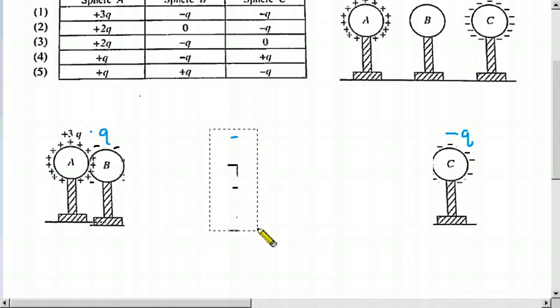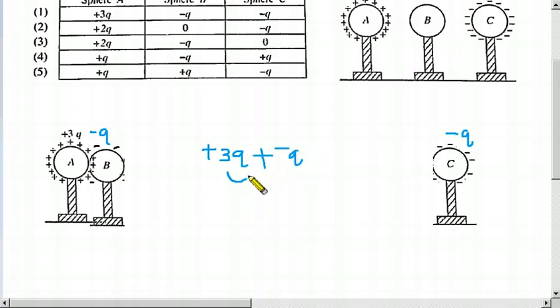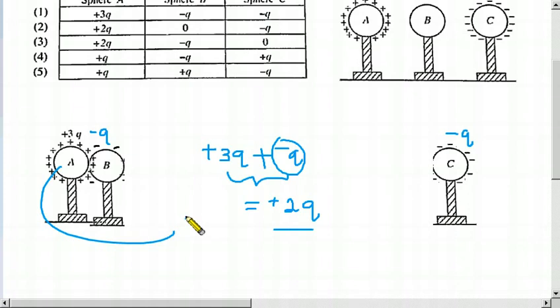Then this -q will disappear, because +3q added to -q, the sum is finally +2q. This -q gets neutralized by this positive 1q, and the remaining is positive 2q, not in this capital A, but in the system. Now finally we have only 2q in the system.